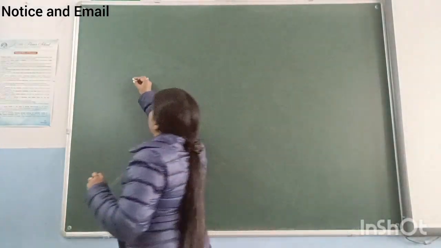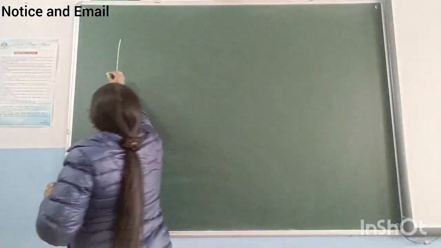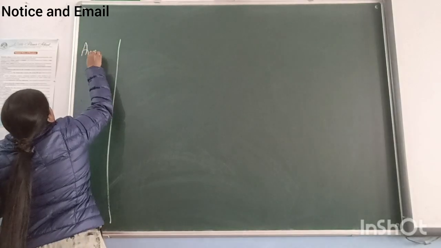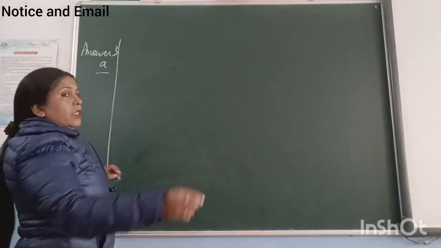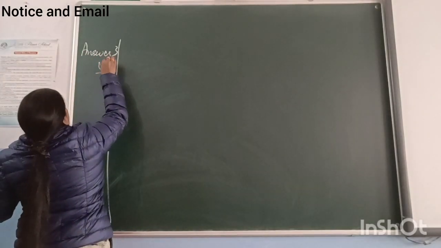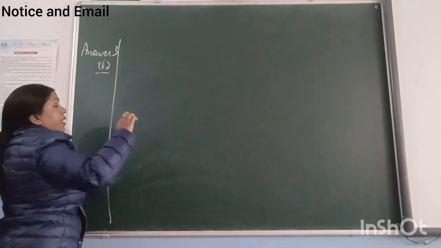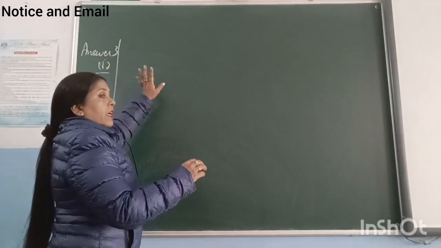What you need to simply do is, suppose this is your margin line, simply write answer 3A. If it is A or answer 3.1, whatever way it has been mentioned in the question paper, you will simply write this.